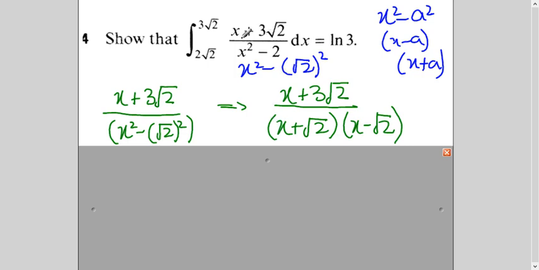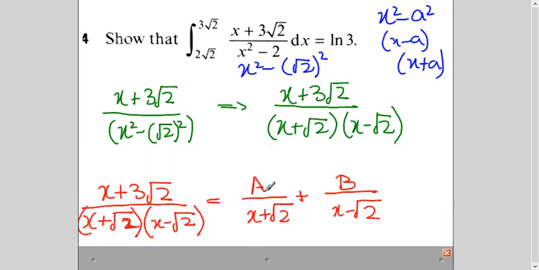After that, because this is all about integration, first of all we have to simplify this function. Only then will we be able to integrate it. So after changing this into this form, now I can decompose it by partial fractions because now the denominators are two linear functions. So it will become A over this plus B over this, right?